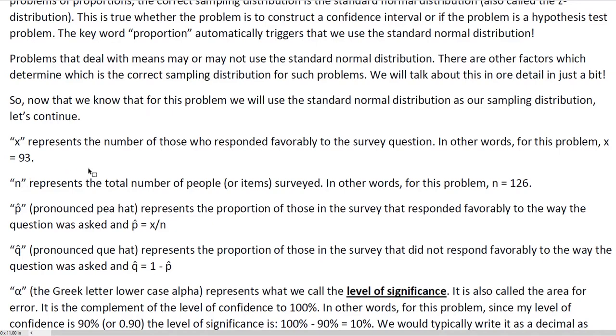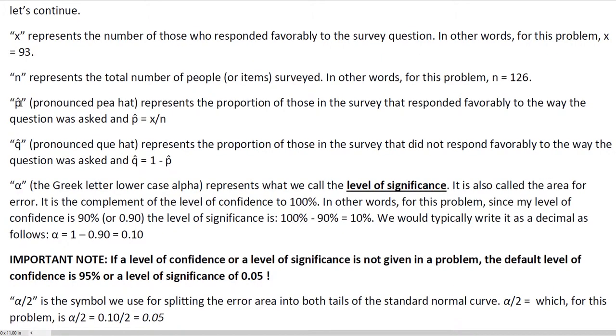n always represents a number of things or a number of people. And in this case, n represents the total number of people that were surveyed, which is 126 for this problem. We have this thing p with a little hat over it, and we pronounce that p hat.